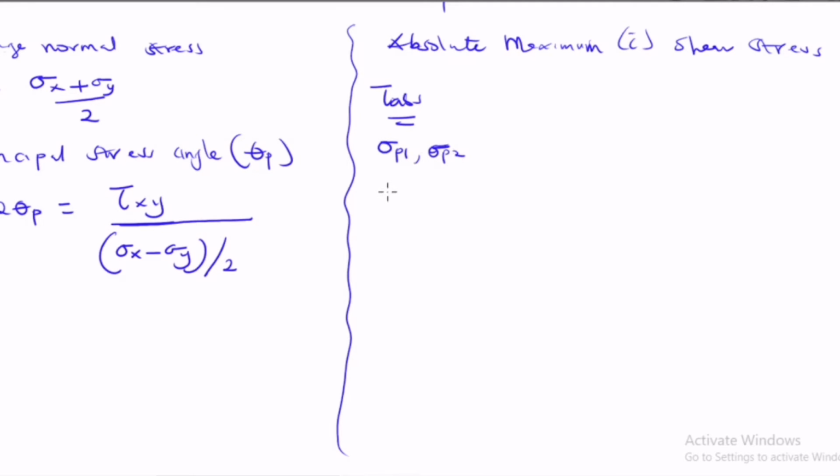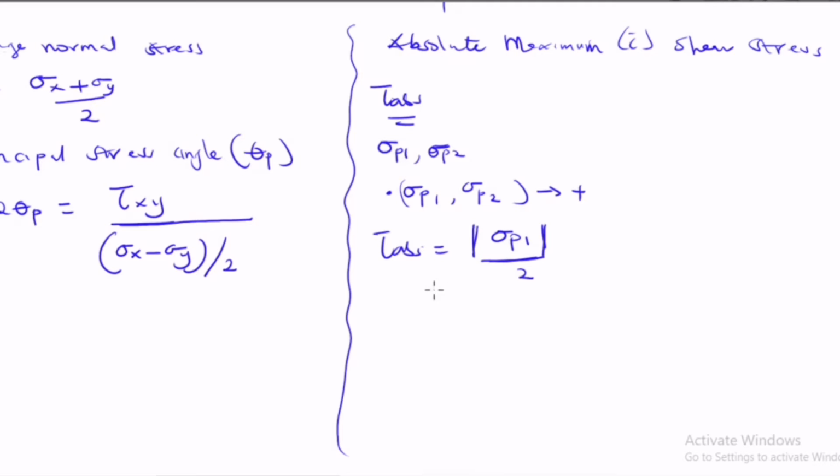So for the first condition, if the principal stresses, which are P1 and P2, are all positive, it means that the values that you get are all positive. Then to find the absolute maximum shear stress, we take the absolute value of stress 1 all over 2.